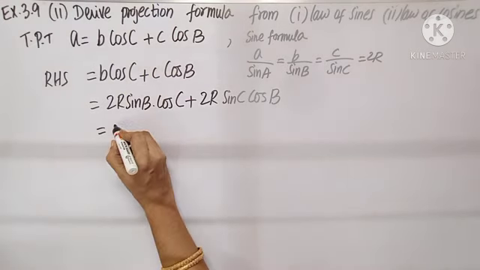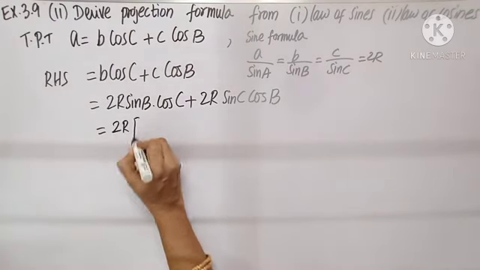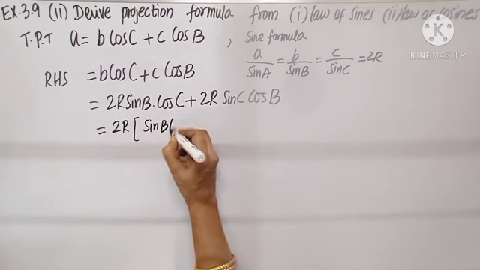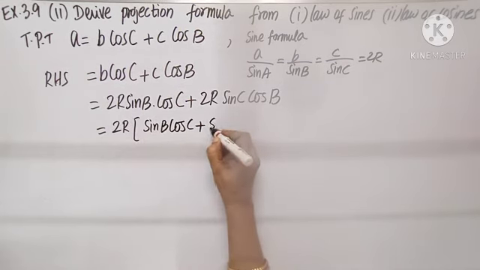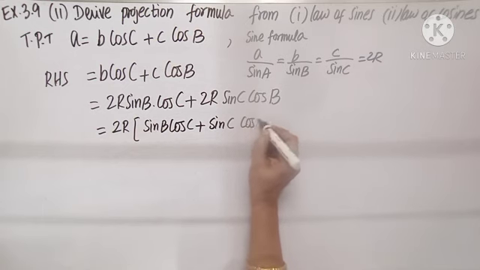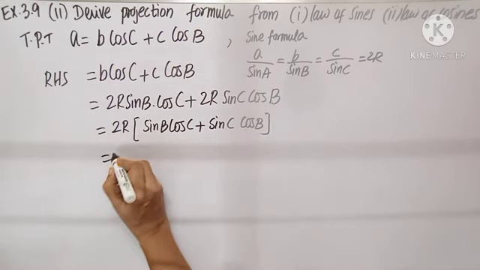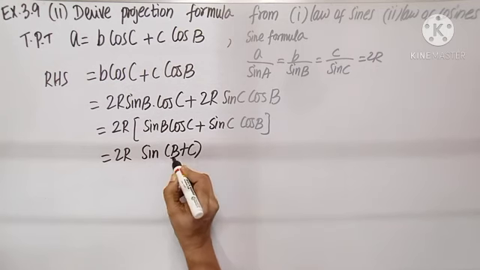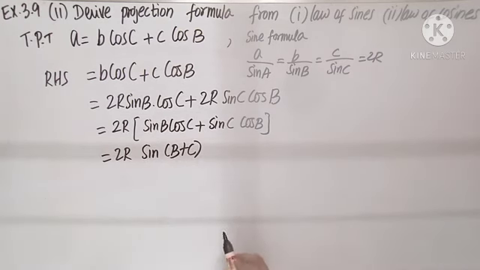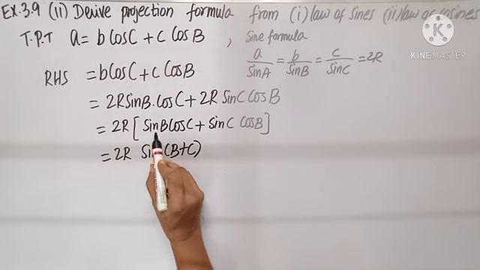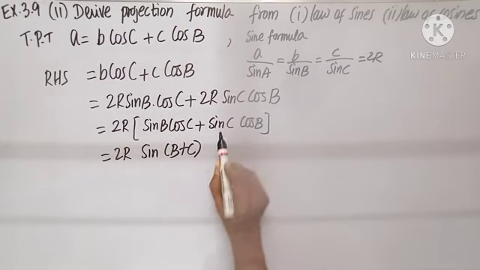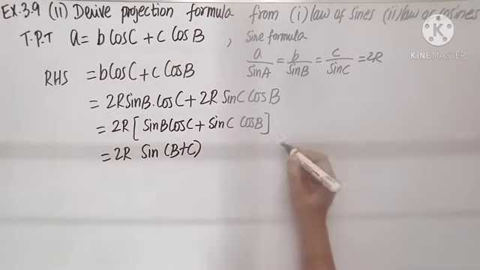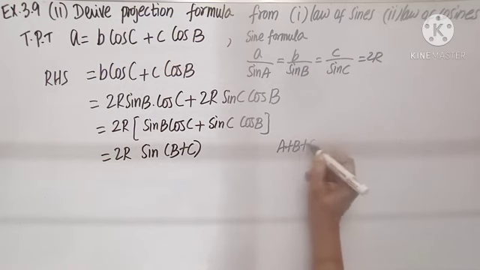Now, 2R is common. If I take it out, sin B cos C plus sin C cos B. This reduces to the sin (B plus C) formula. Remember the addition formula: sin (B plus C) is sin B cos C plus cos B sin C. Now, we are in a triangle in which A plus B plus C is 180.